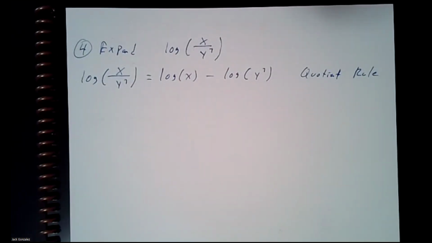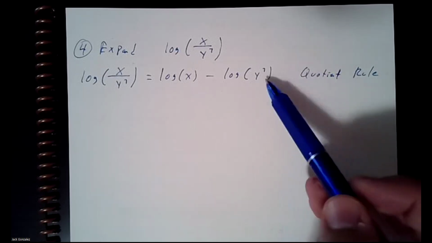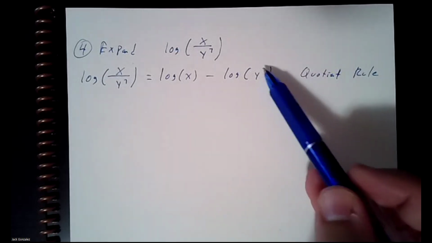Now, you gotta make sure we're done. If you see anything else, we gotta do it. What else can we do here? Whenever you see a power on there, you gotta deal with it.